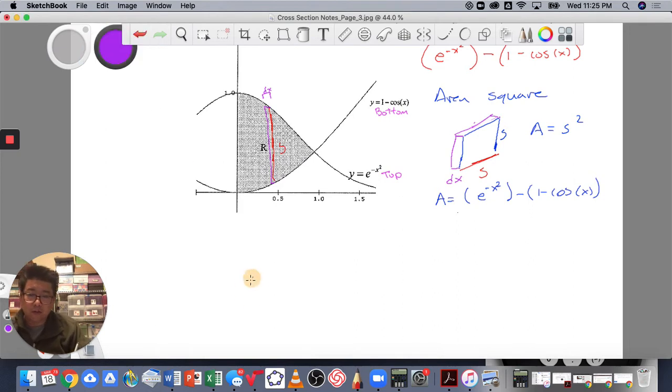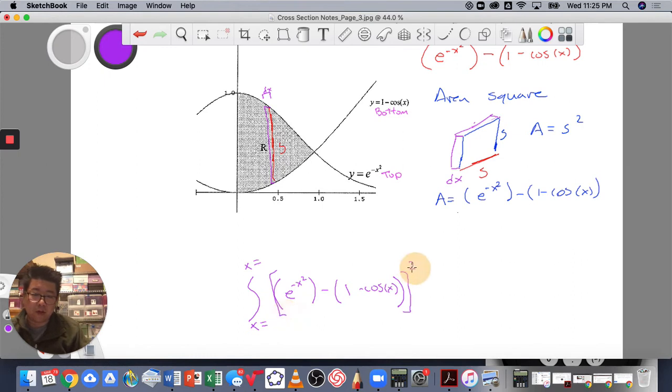Our integral will be from some x value to some x value, and then this right here will be e to the negative x squared minus 1 minus cosine x. This is brackets.